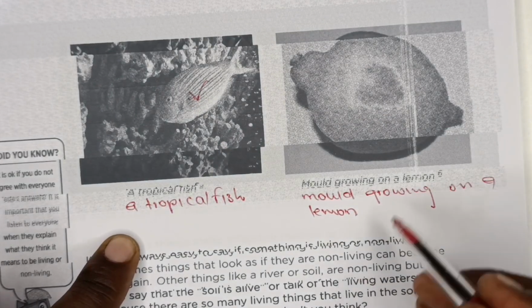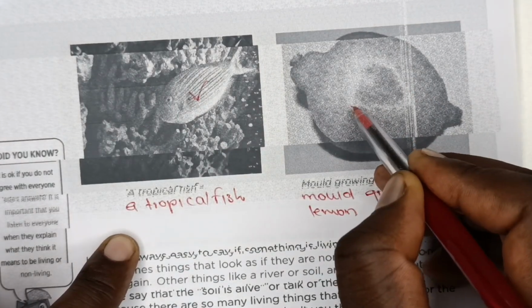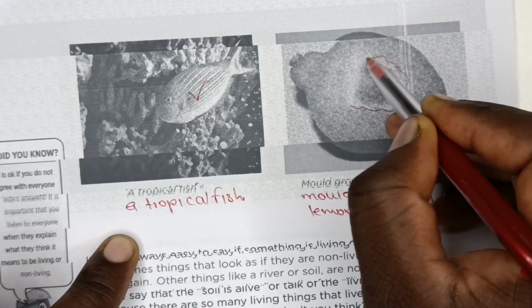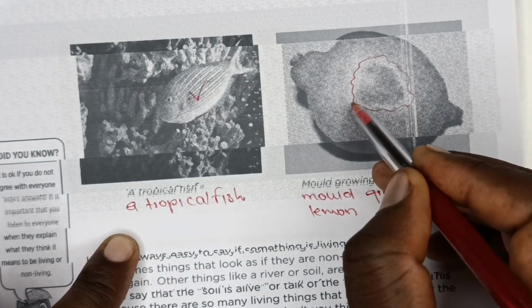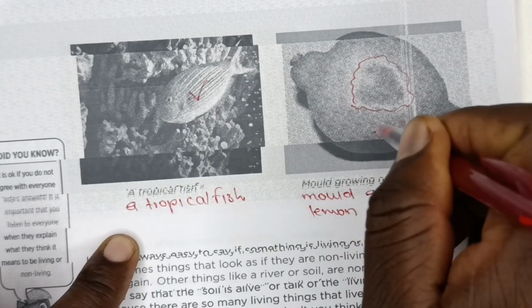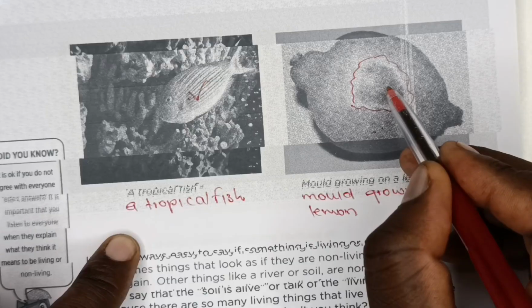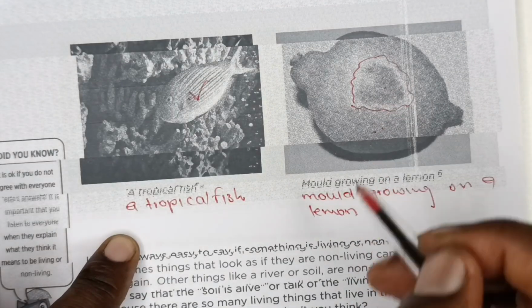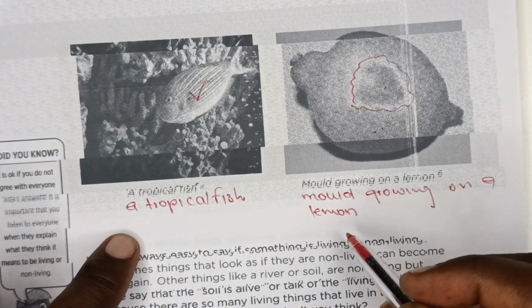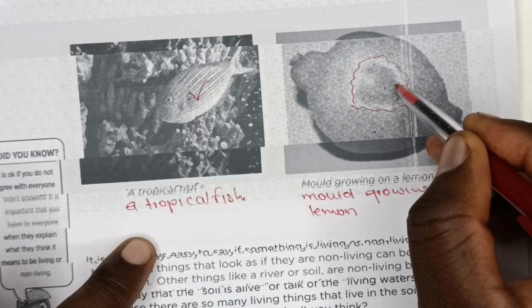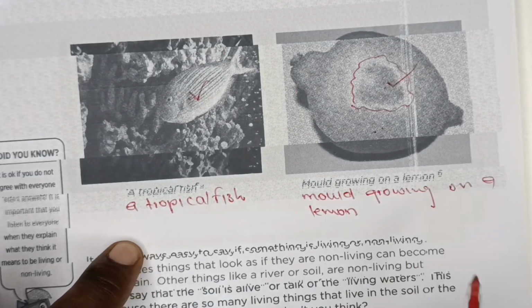It's living. What you see here is a mold, and this mold is growing on the lemon. Because it is growing, and growth is one of the aspects of life, mold is a living thing.